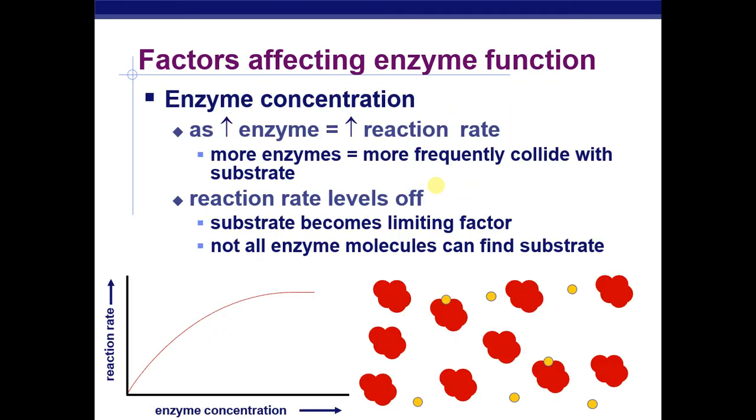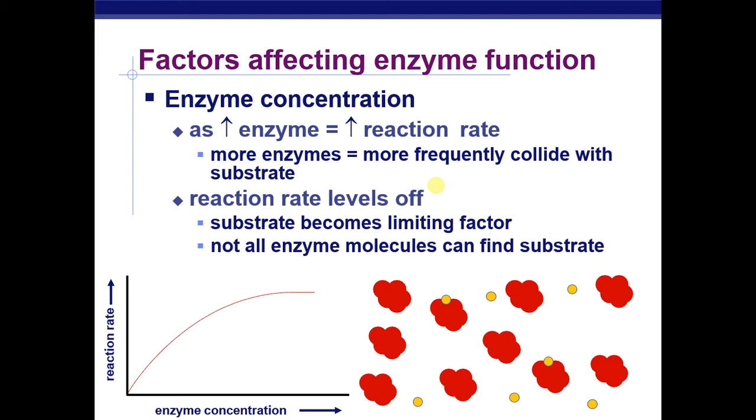In general, as you increase the enzyme, you increase the reaction rate. The idea is that the more enzyme there is, the more frequently the substrate and the enzyme collide, and the substrate is turned into the product. That seems pretty straightforward. But eventually it levels off. If you saturate the reaction with enzyme, the substrate becomes the limiting factor, and not all of the enzymes can find substrates.